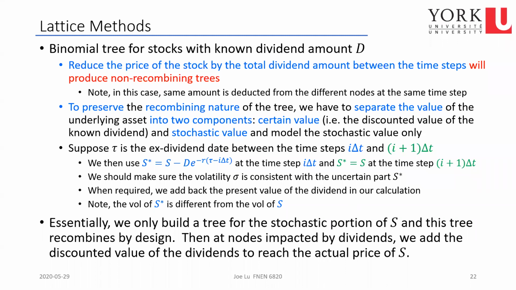To solve the problem, we have to take the tree apart and handle it with two components. One component is related to the certain value of dividend payment, and the other component is the stochastic movement of the stock, which is not related to the certain payments of dividends.